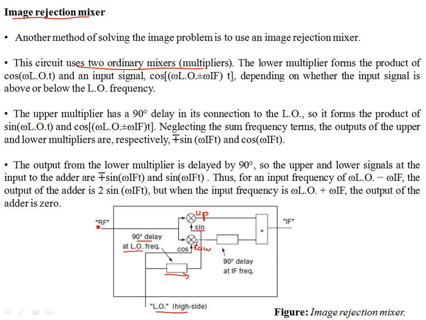The input is the RF. If you recall, the local oscillator frequency, which we have seen before in superheterodyne receivers, is equal to the input FRF plus the intermediate frequency.